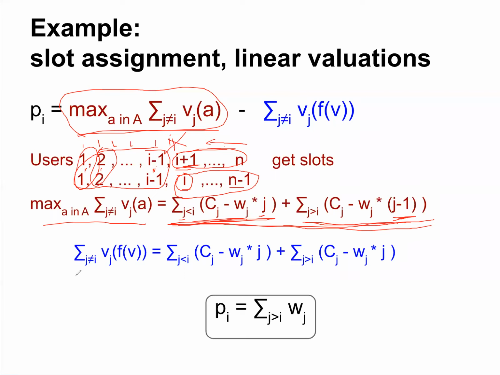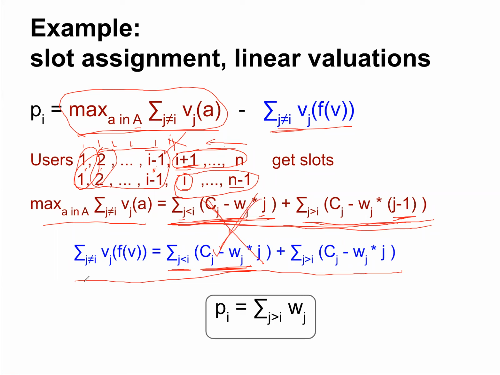And when user I is in the picture, again, remember we have to do the summation for the valuations of all the users. Well, in this case, again, the users up to I will get the same slots here and here. So this one will cancel when we subtract the blue from the red.